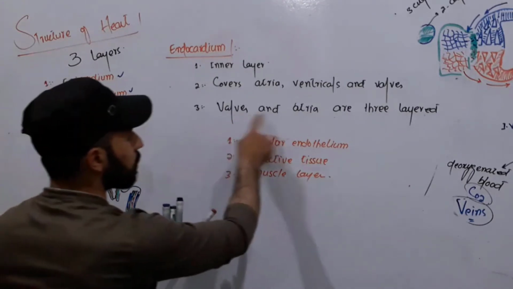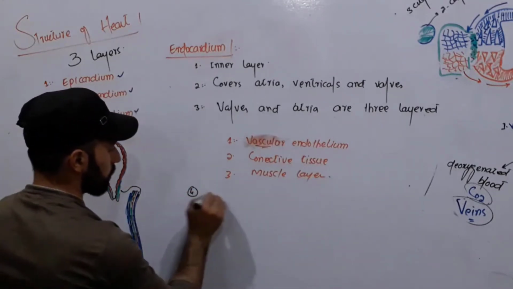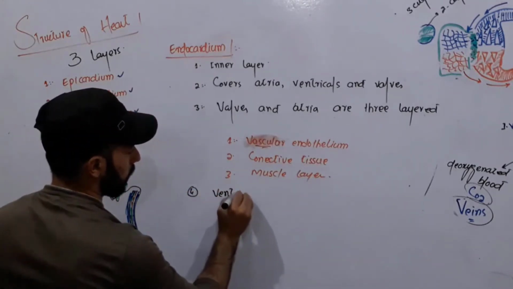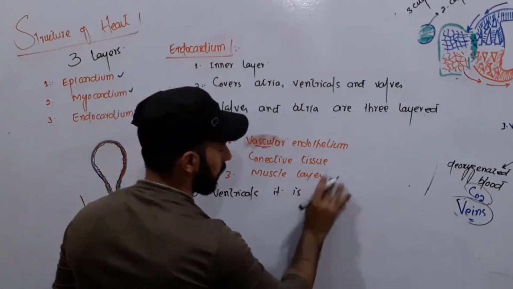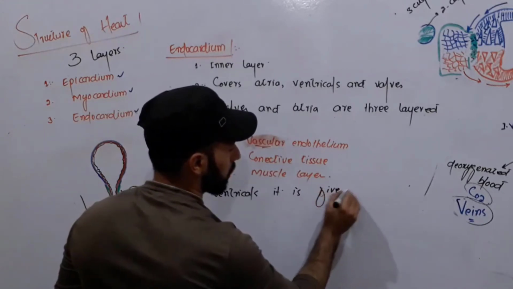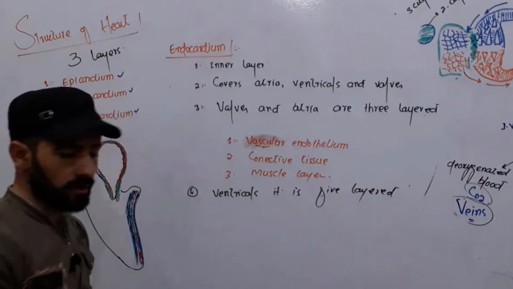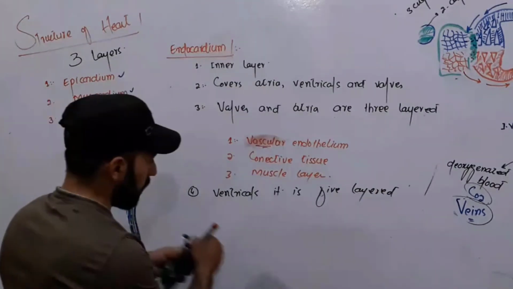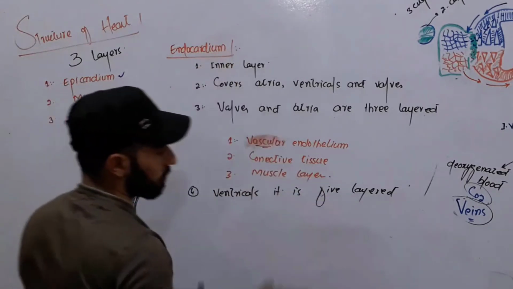So in valves and atria it is three-layered, and in ventricles it is five-layered.